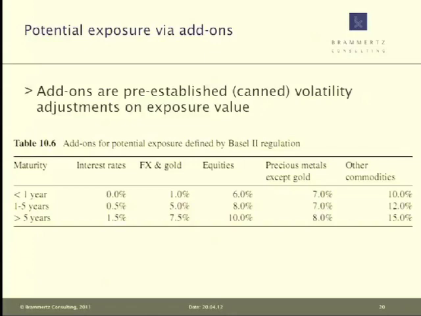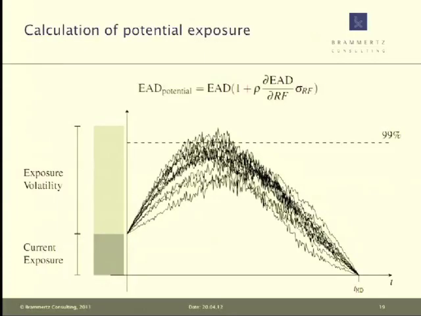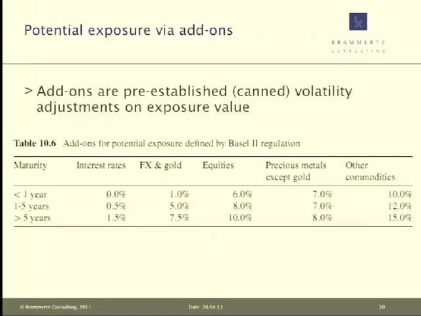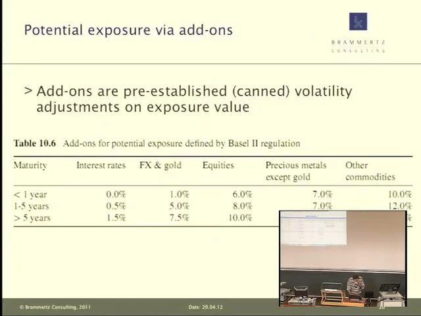So add-ons are meant to be an adjustment to the exposure value. When we go back here, remember, there are two things that fluctuate, your exposure and your collateral. So the add-on is the thing which changes the exposure. But it's pre-calculated, based on common knowledge, because not everybody can make a dynamic Monte Carlo simulation, and most banks can't.